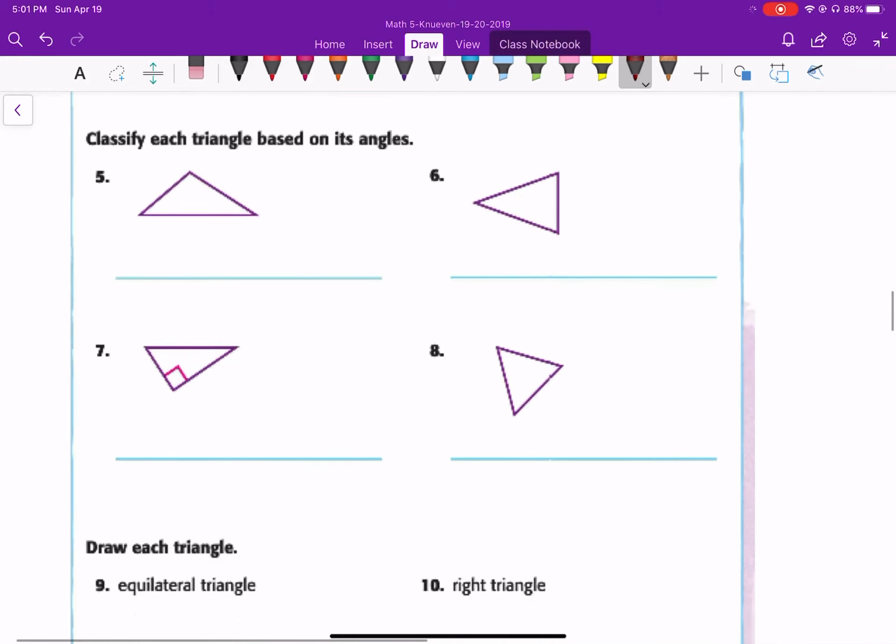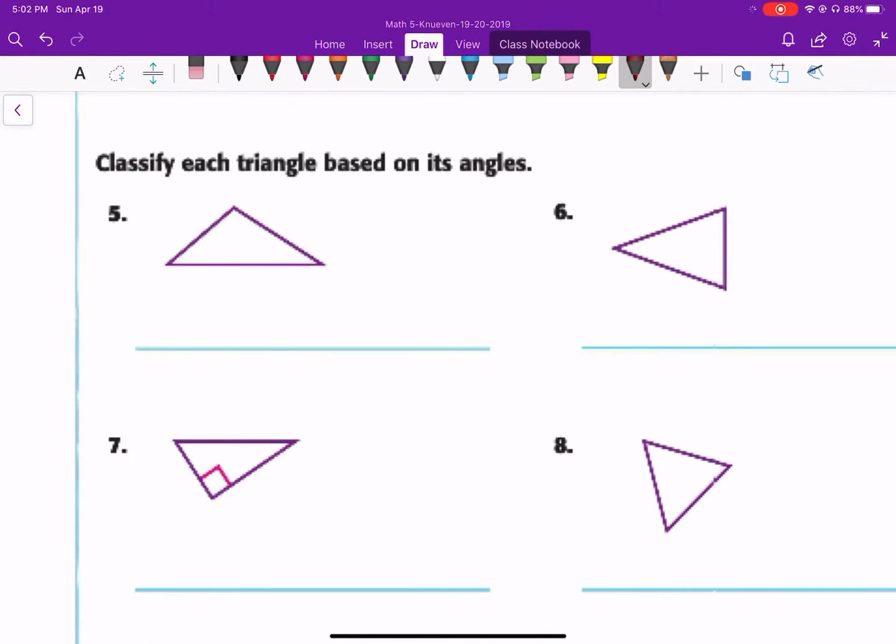All right, classified based on its angles. Now, I know that we don't have a protractor to measure it, but if I'm looking at this, again, this one should look somewhat familiar. If I'm looking at these two corner ones here, these two are less than 90. This one here, I know it looks a little close, but if I were to draw a 90-degree angle in here, this would be obtuse.